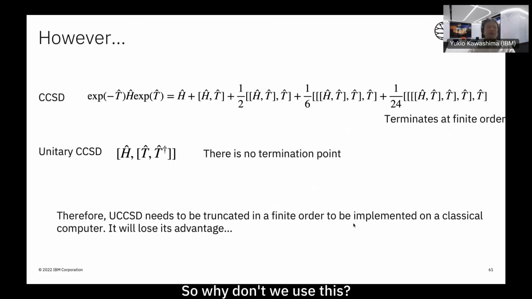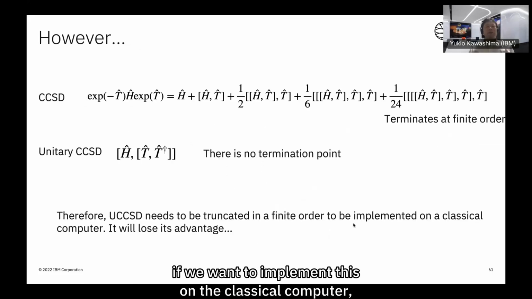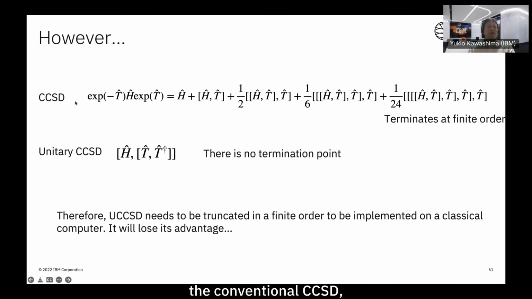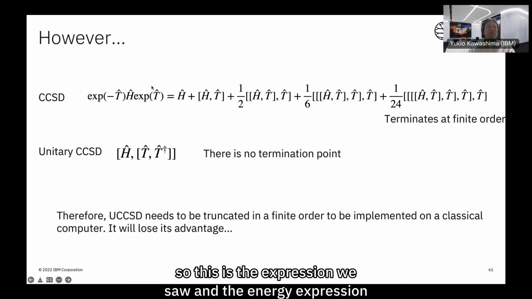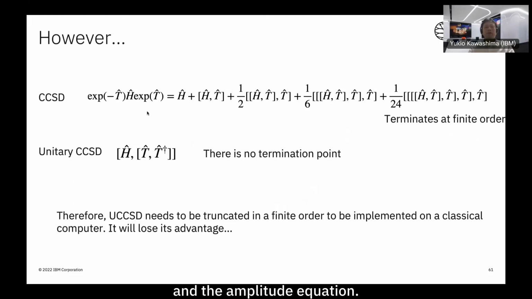So why don't we use this? However, if we want to implement this on a classical computer, for the conventional CCSD, this is the expression we saw in the energy expression and the amplitude equation. If we look at this, it actually terminates at a finite order.